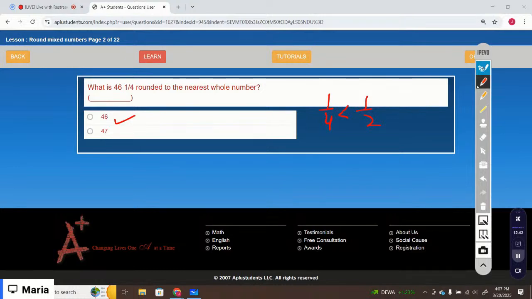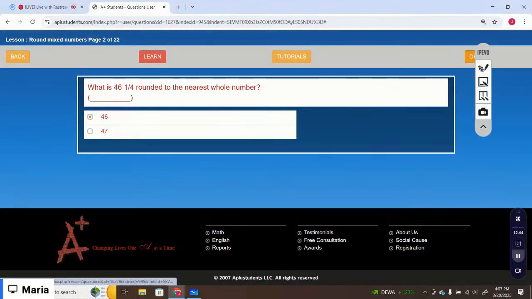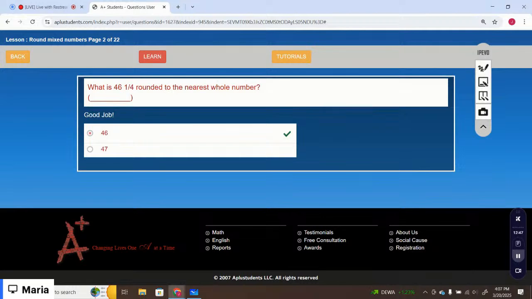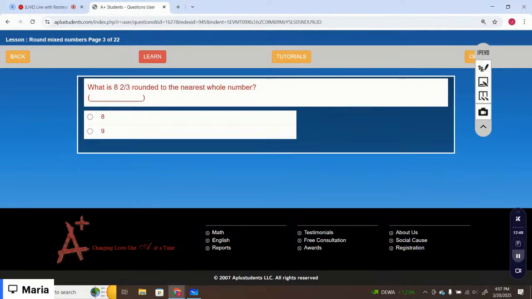That is 46. Option number one is the correct option. What is 8 whole 2 by 3 rounded to the nearest whole number?